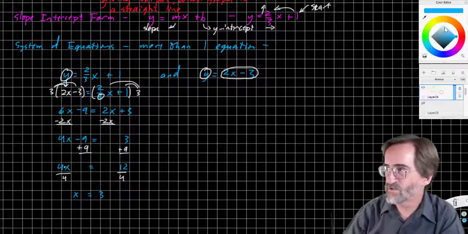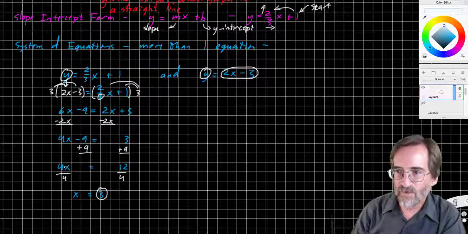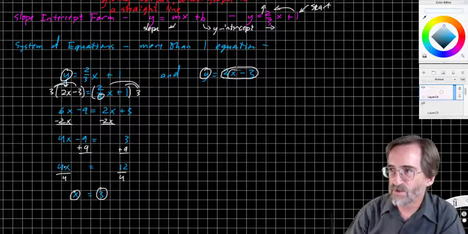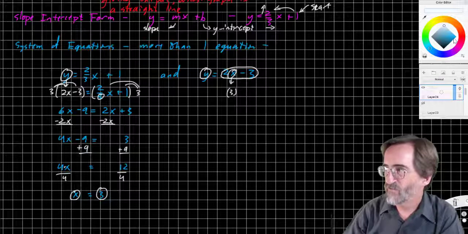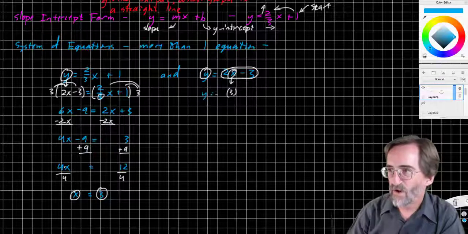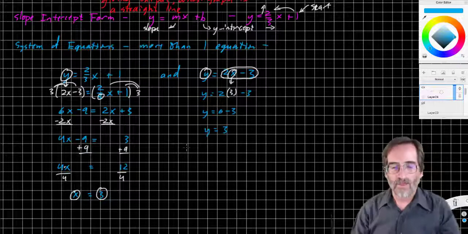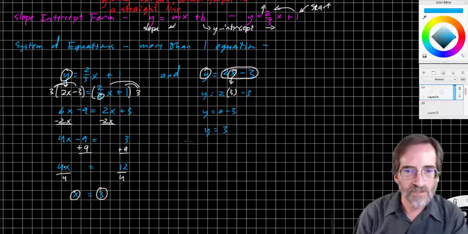Now that x equals 3, x can be replaced with 3, and here's an x on the other side. Replace it with 3. Y equals 2 times 3 minus 3. Y equals 6 minus 3. Y equals 3.